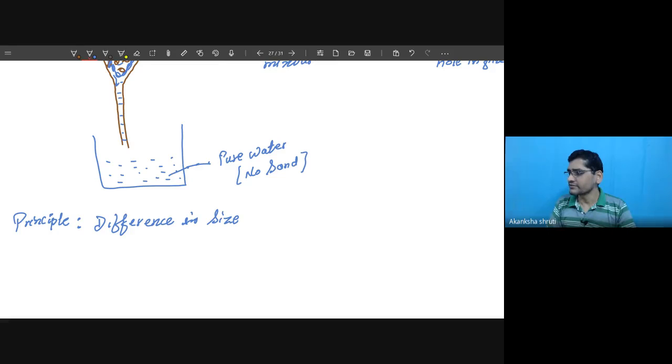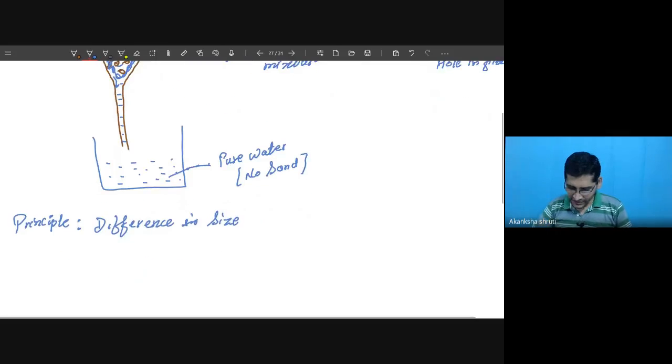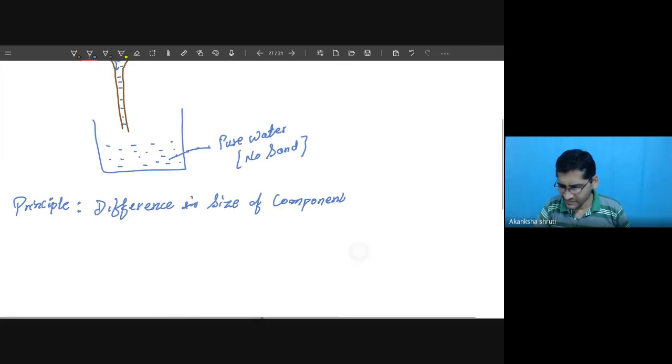Mass means weight, which allows the particle to settle down and move downward. It doesn't mean it has to move downward, it has to cross these pores. So the difference in size of components of a mixture.